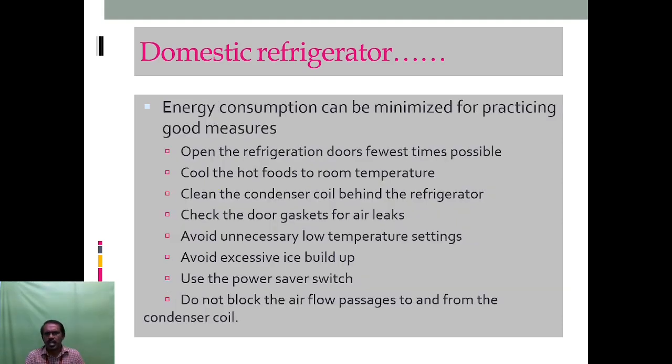Energy consumption is another factor of the refrigerator. Open the refrigerator door for the fewest time possible, cool hot food to room temperature first, clean the condenser coil behind the refrigerator, check the door gasket for air leaks, avoid unnecessarily low temperature settings, avoid excessive ice buildup, and use the power saver switches.